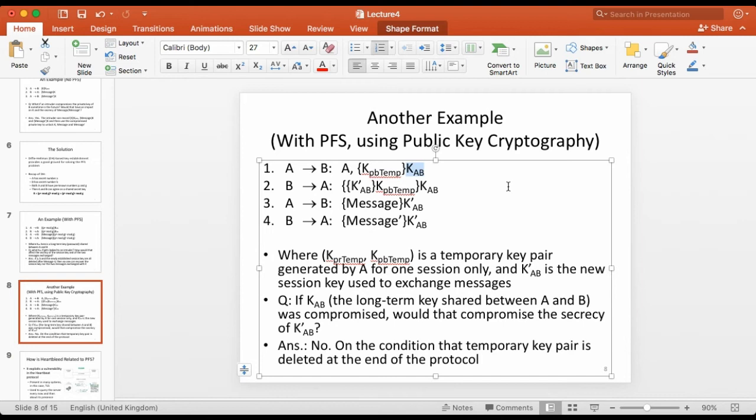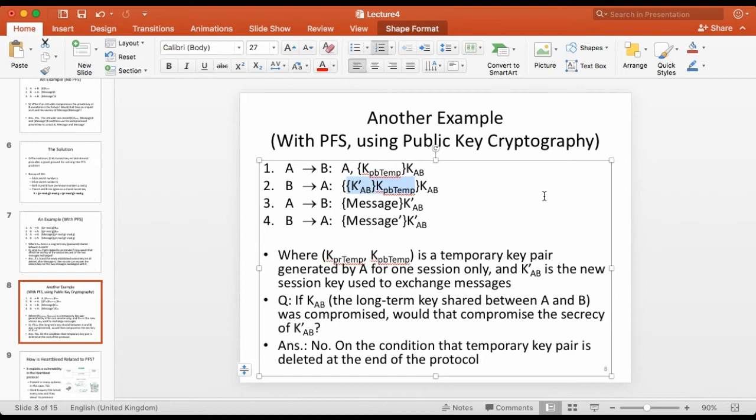Because if you did, then you would have access to the temporary private key, and therefore the ability to decrypt this internal part.